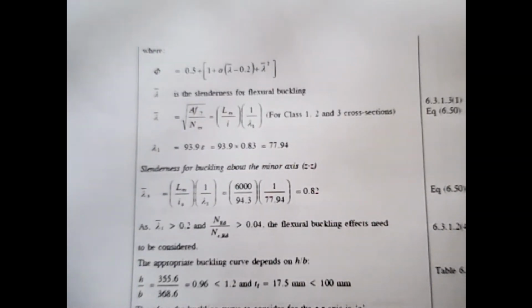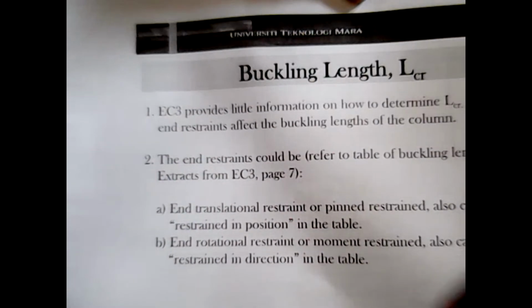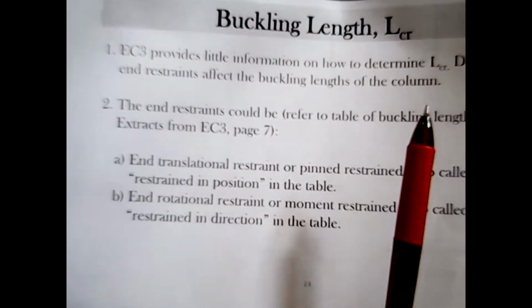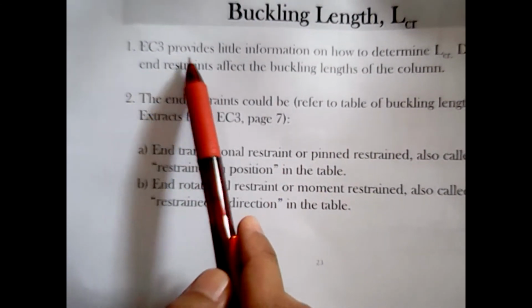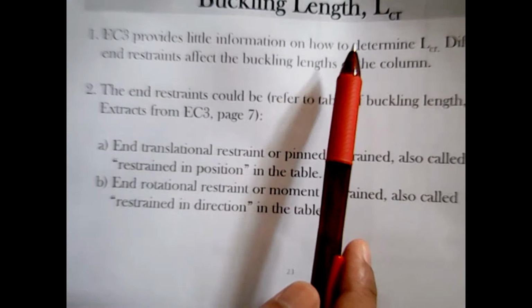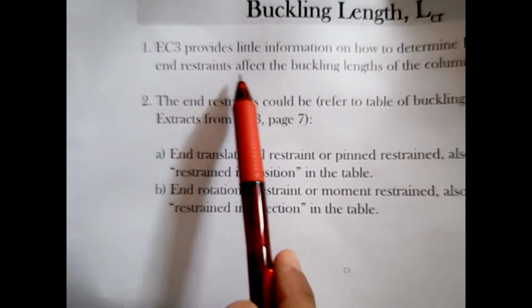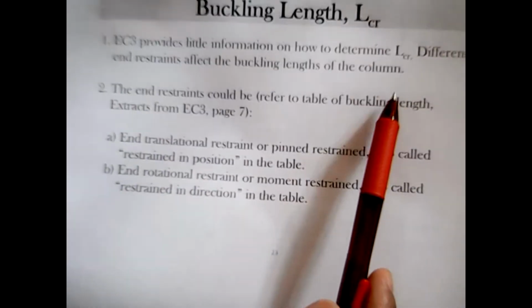To recall, if you refer to these notes, on buckling length LCR, as in the previous videos, EC3 provides little information on how to determine LCR. End restraint affects the buckling length of the columns.